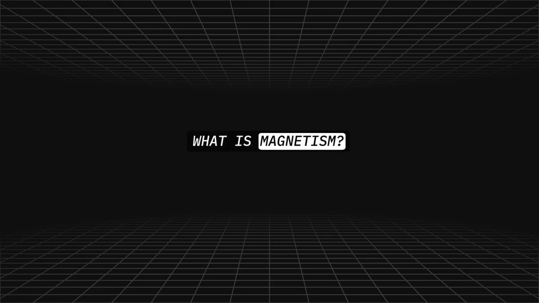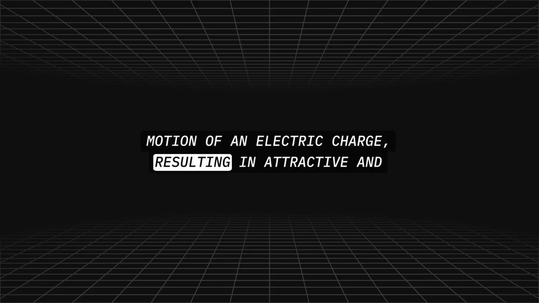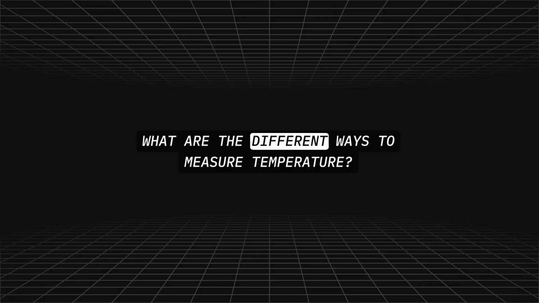What is magnetism? Motion of an electric charge, resulting in attractive and repulsive forces between objects. What are the different ways to measure temperature? Fahrenheit, Celsius, Kelvin.